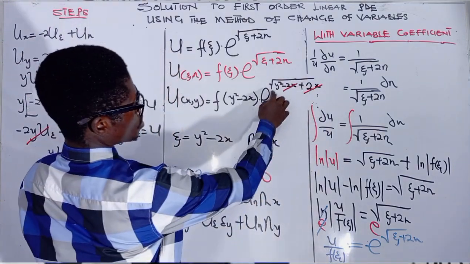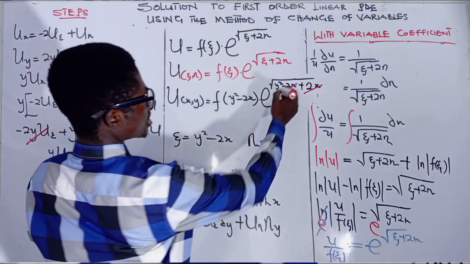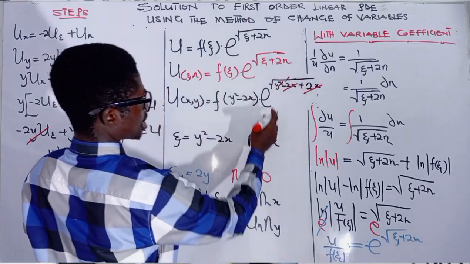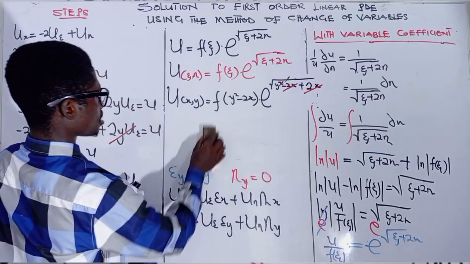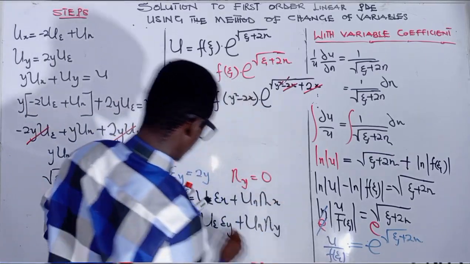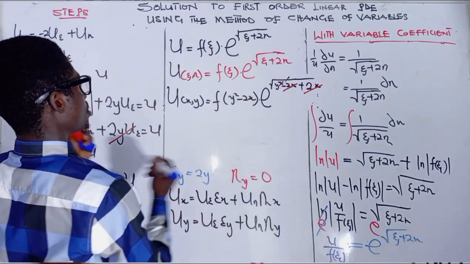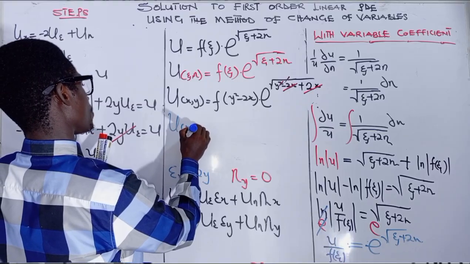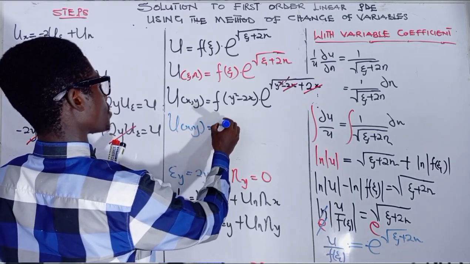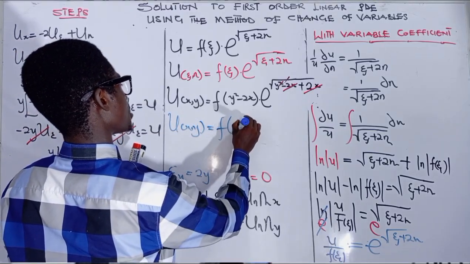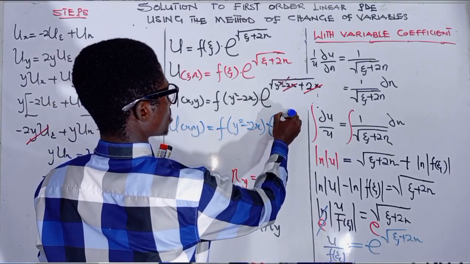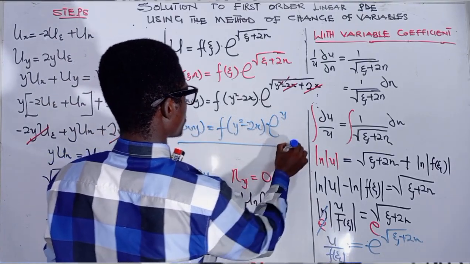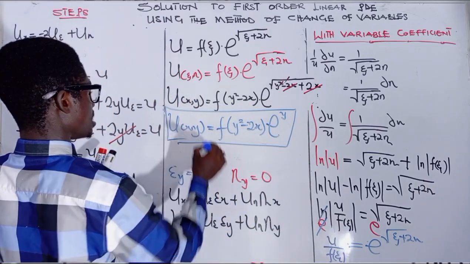We are left with what? Root of y squared, and this square will cancel the radical sign. We are left with e exponent y. So let's rewrite it well. We have our u at x, y is equal to a function of y squared minus 2x, times e exponent y, and this becomes our general solution.